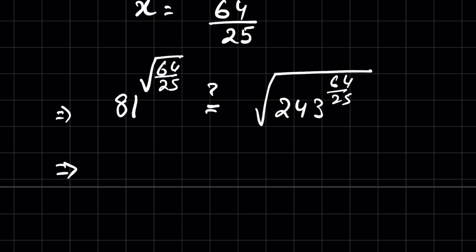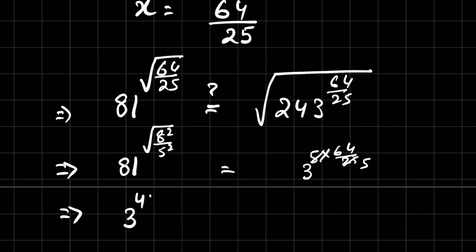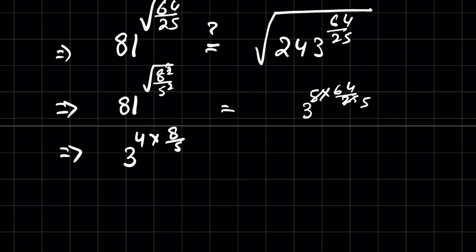Check whether LHS is equal to RHS. 64 upon 25 under square root means 8 squared upon 5 squared under square root, is equal to 243, which is 3 raised to the power 5, then times 64 upon 25, and 5 times 5 is 25. This side also, 81 is 3 raised to the power 4, then times 8 upon 5, remove the square root with the square.